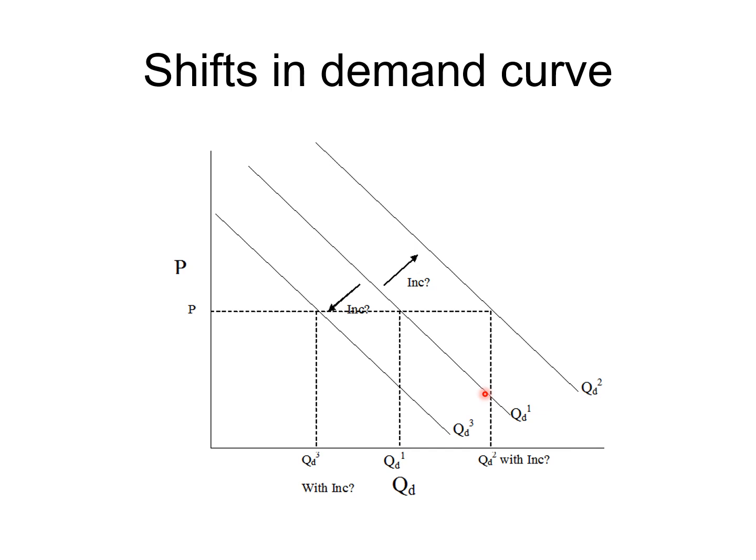What's going to cause a shift is any of those determining factors. So if we look, for example, at income: if this is a normal good and incomes increase, the demand curve will shift this way. What you see is that for any given price, the demand will go up.